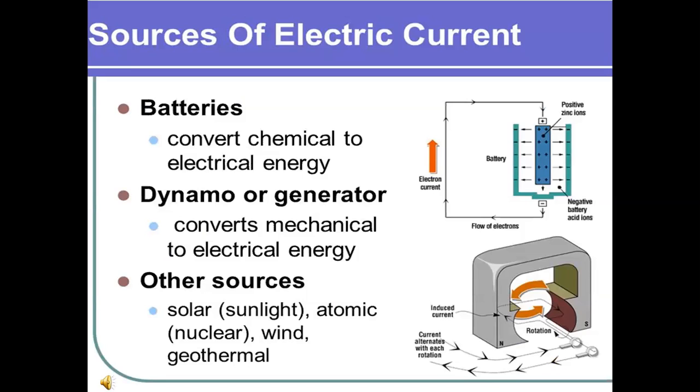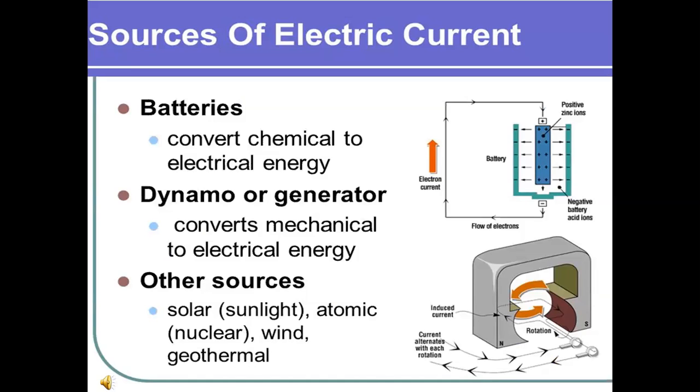Sources of electric current. These are the sources of electric current: batteries, dynamo or generator, and other sources. First, batteries convert chemical energy to electrical energy.